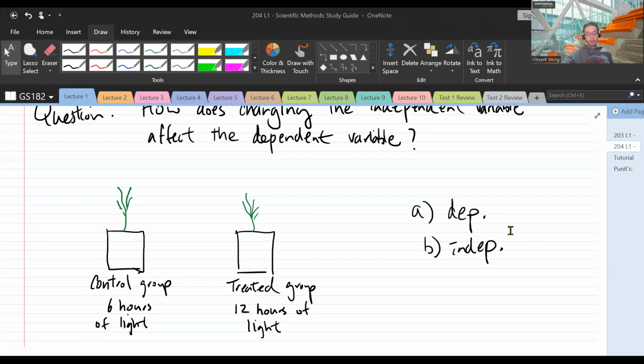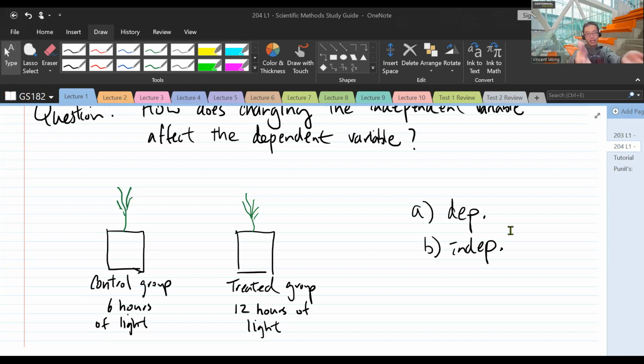All right. So once again, the independent variable is the one that you are in control of. You can change it. You can decide what it is supposed to be. So the amount of sunlight that you expose the plant to, that is in your control, is it not?